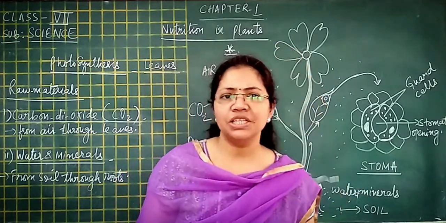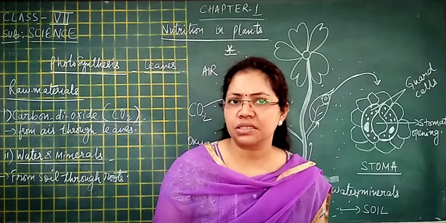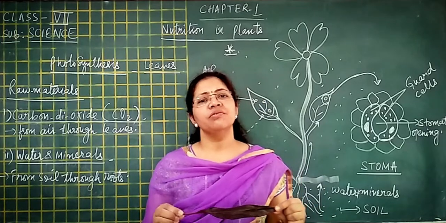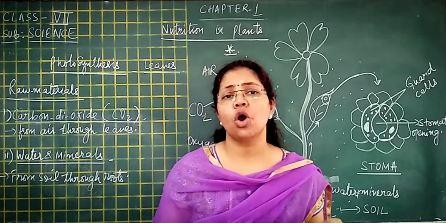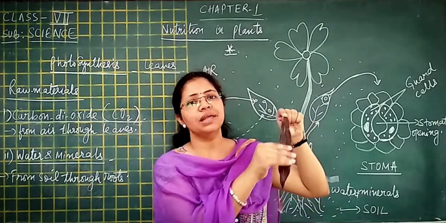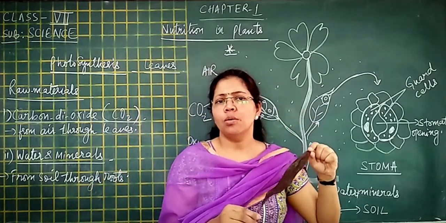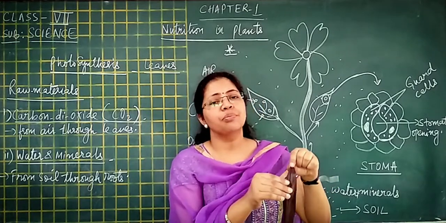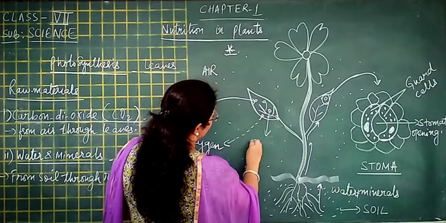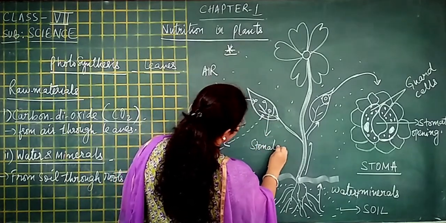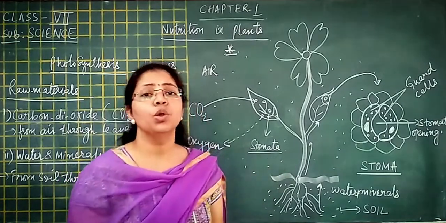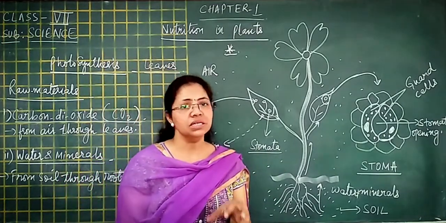If you remember children, in the previous standard 6, in the chapter Getting to Know Plants, we discussed the functions of the leaf, and there we learnt that on the surface of the leaf very small pores or holes are present, and these holes we call stomata. Stomata is plural and stoma is singular.